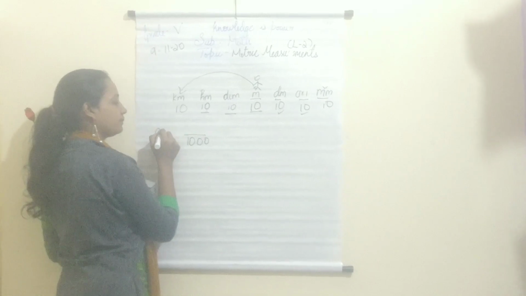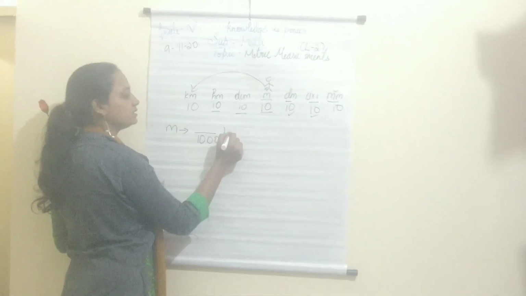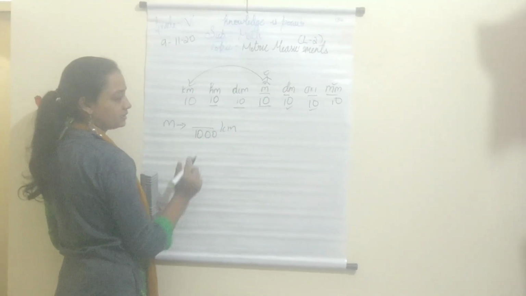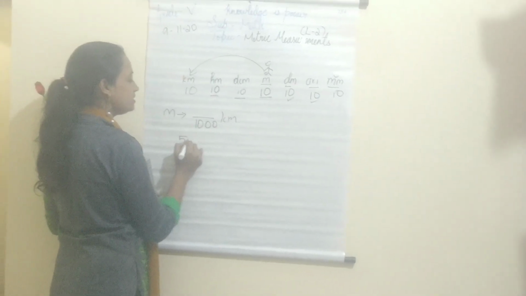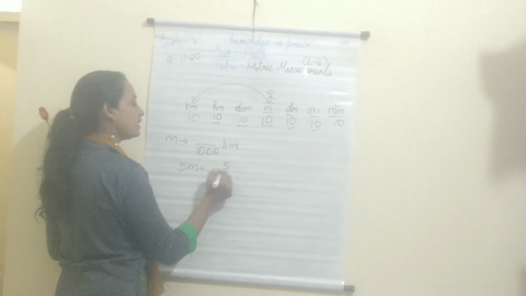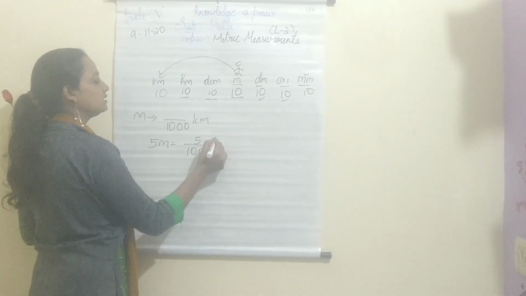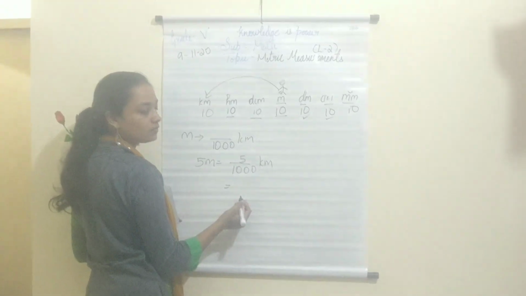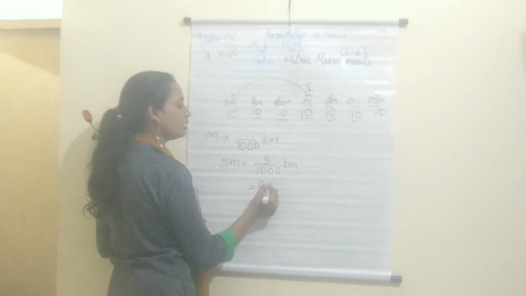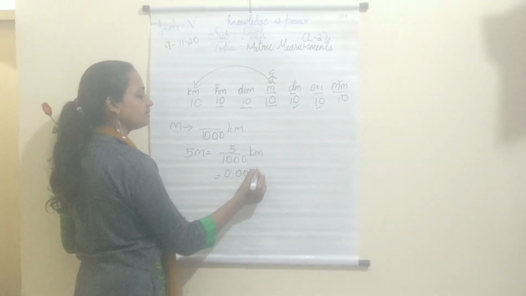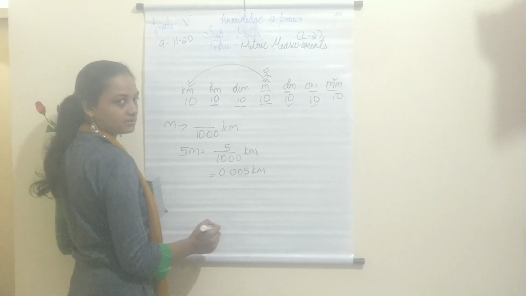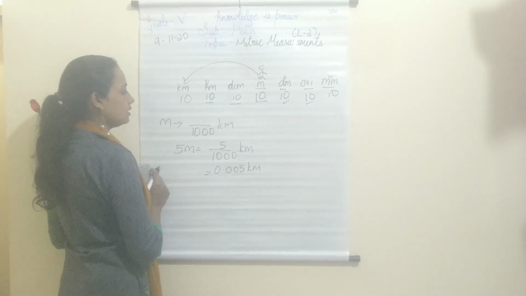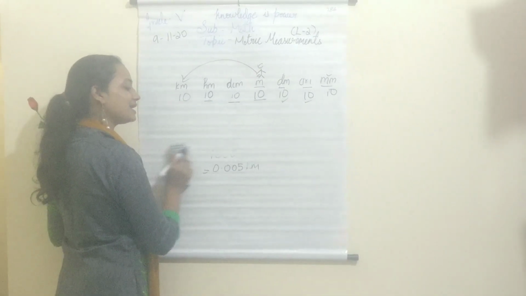I am converting from meters to kilometers, so I should divide it by 1000. So if I have 5 meters, it will be 5 by 1000 kilometers. If I write this in decimal, how will I write it? 0.005 kilometers. Understood, children?